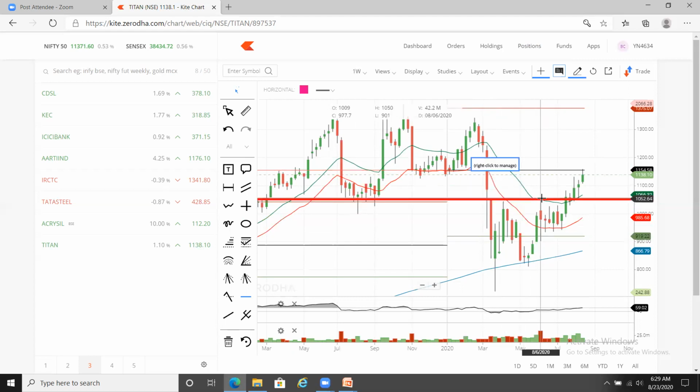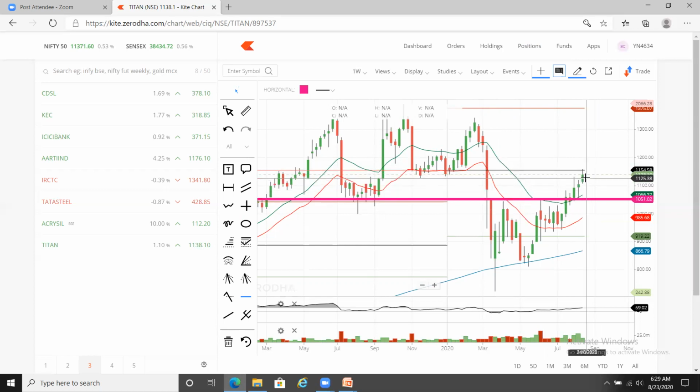Once it tried to cross, it made a high, and then it fell down again around 8th of June. But finally, after my recommendation, it crossed that 1045 level around 20th of July onward, and since then you can see that it has gone up.